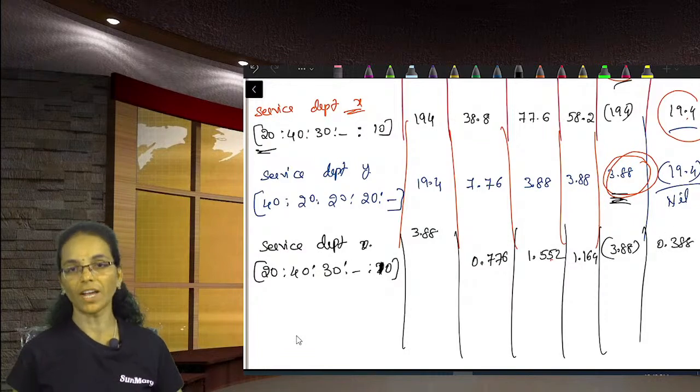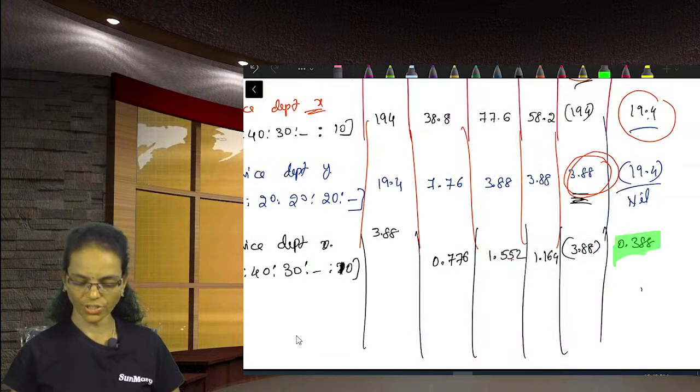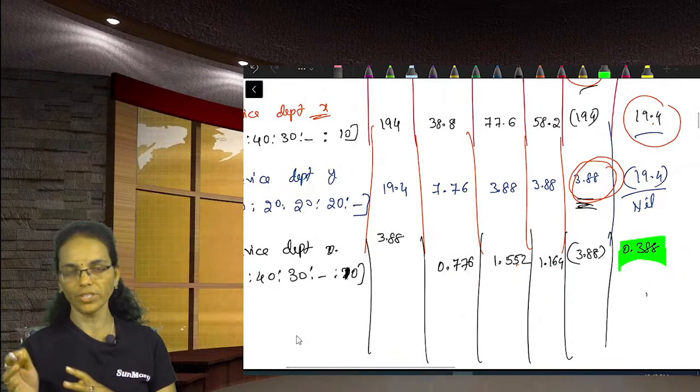So this is the fraction amount for the service department Y. It is a negligible one, you cannot go and redistribute again.